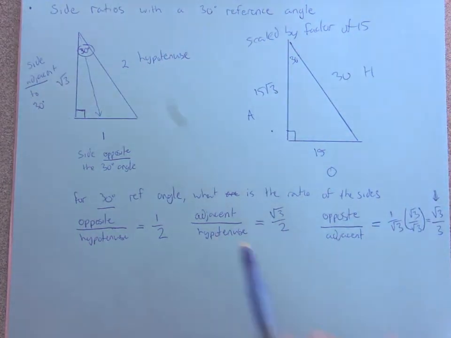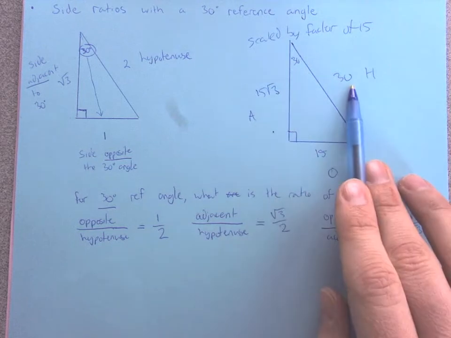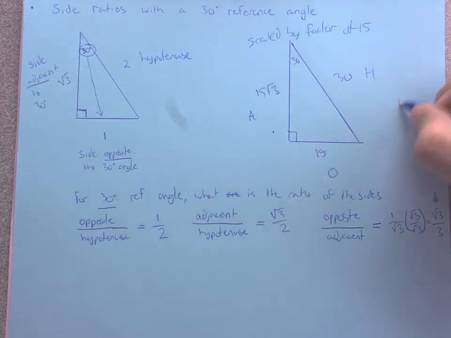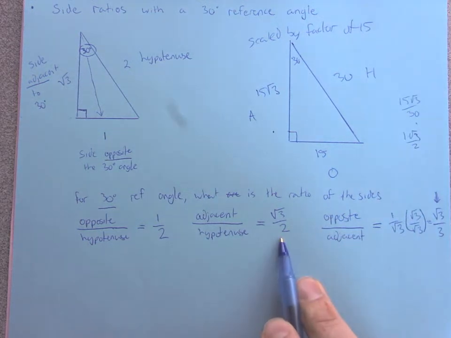Okay, if we look at the adjacent to hypotenuse, that's 15 root 3 over 30, right? But the 15 over 30 simplifies to 1 over 2. So I have 1 times root 3 over 2, or root 3 over 2, right? It's the same ratio.